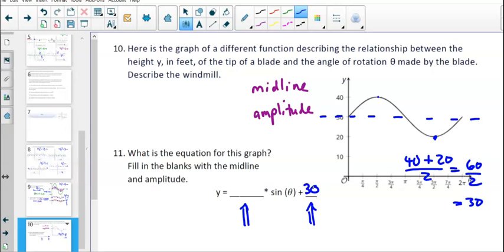So this graph was originally at 0, and then it went up 10, and then back down, and then down 10, and then back up. The reason I'm saying it's 10 is because from the midline, which is at 30, up to the top of the graph, which is at 40, that value is the amplitude of the graph.